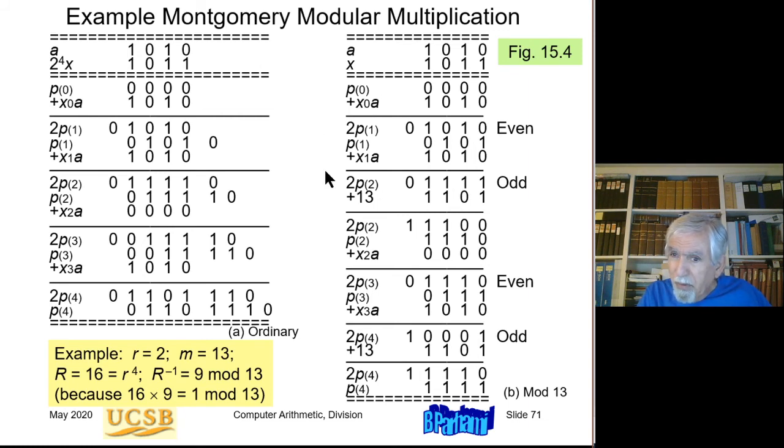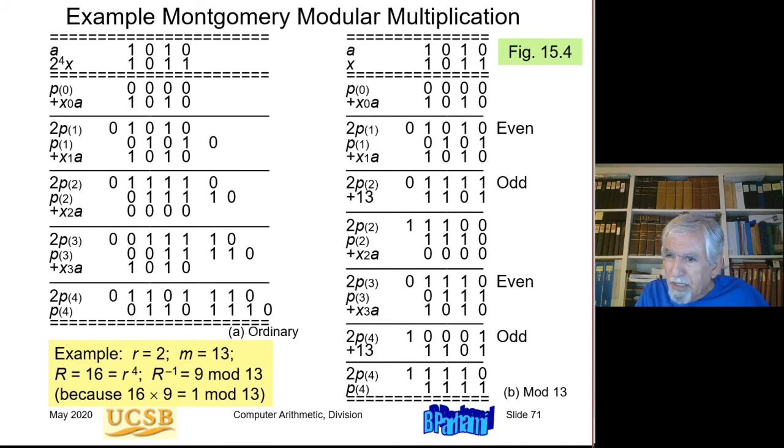Whereas, if I want to establish whether this value is greater than 13 so that I subtract 13 from it before the next step, and if this is kept in carry-save form, that cannot be easily established because it depends on high-order bits. So the nice thing about Montgomery multiplication is the decision process in each step is a function of the least significant bit, which is readily available in carry-save representation.